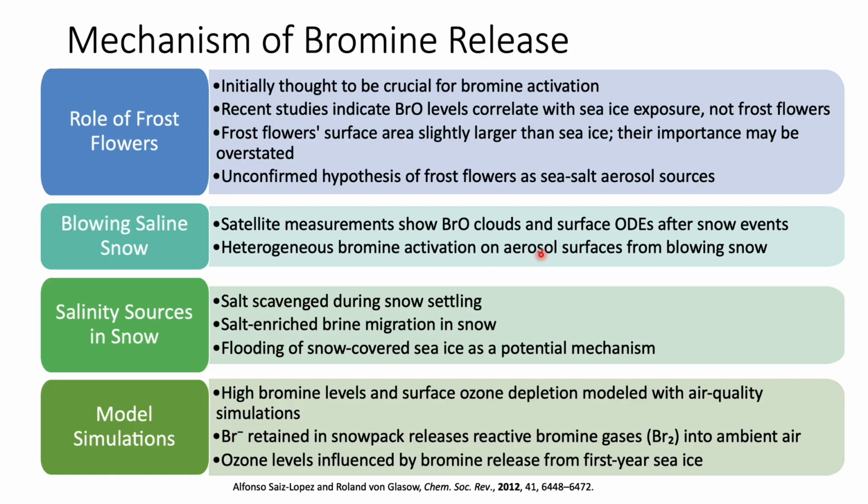So there is a correlation between these two things. Heterogeneous bromine activation on aerosol surfaces from blowing snow is possible. Similarly, salt scavenged during snow settling, salt-enriched brine migration in snow, and flooding of snow-covered sea ice are potential mechanisms. These are all the various ways by which bromine can be released.